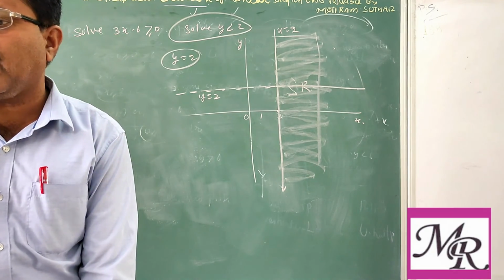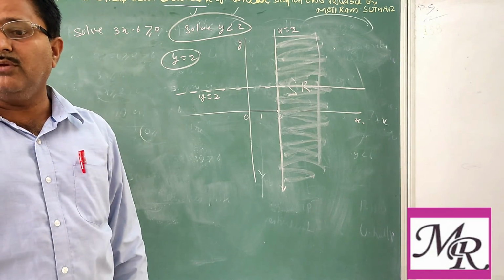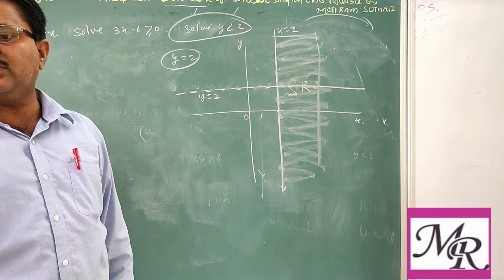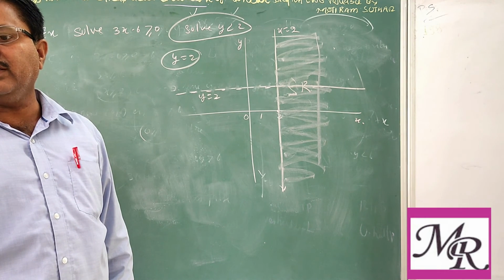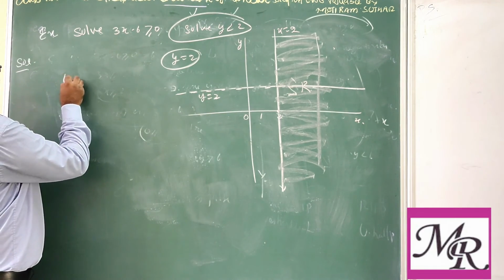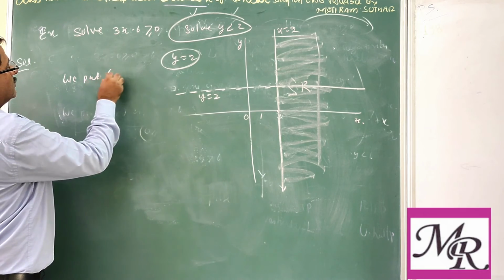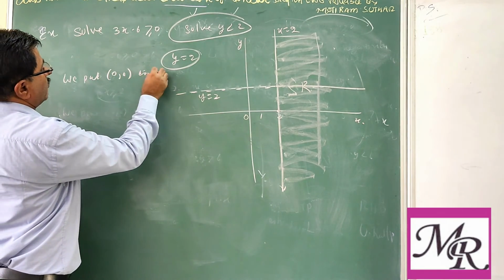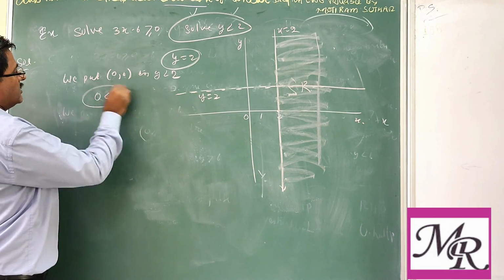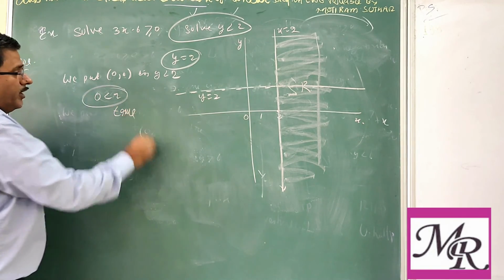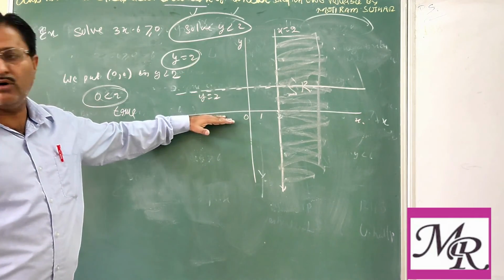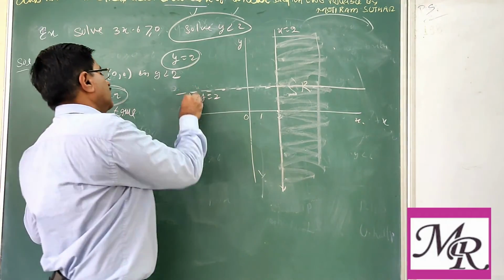Now you check whether the region will lie on the upper part of this line or the lower part. For that you take the origin again. We put 0, 0 in y less than 2. Here y is 0. Is 0 less than 2? Yes, which is true. It means the solution will be toward the origin side, so this side.